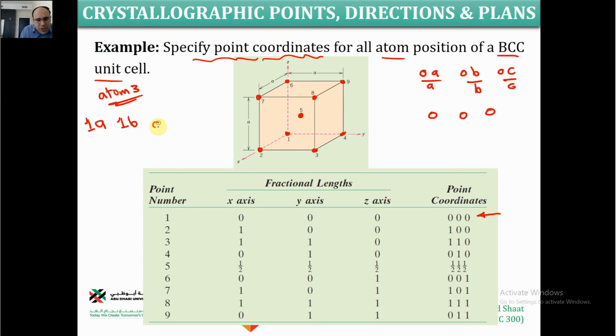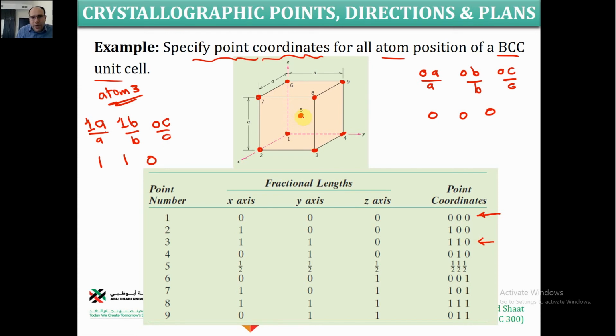No, so I'm gonna move 0% of C. Then you're gonna divide by A, by B, by C. This is gonna give us 1, 1, 0. There are no brackets, parentheses, or commas. So for point 3 or atom 3, the coordinate for this atom is 1, 1, 0. And that's it. Very simple, right?